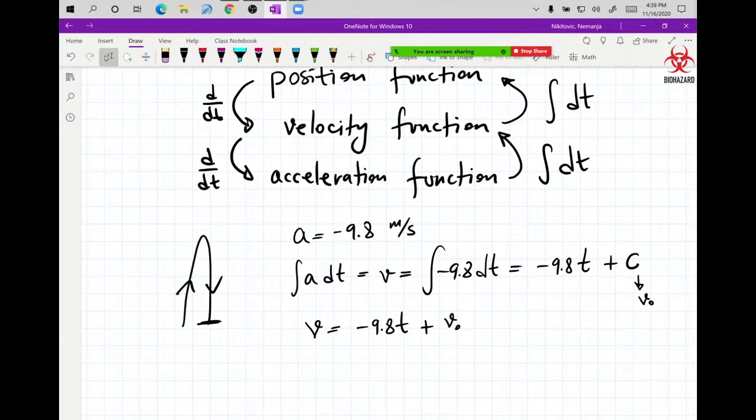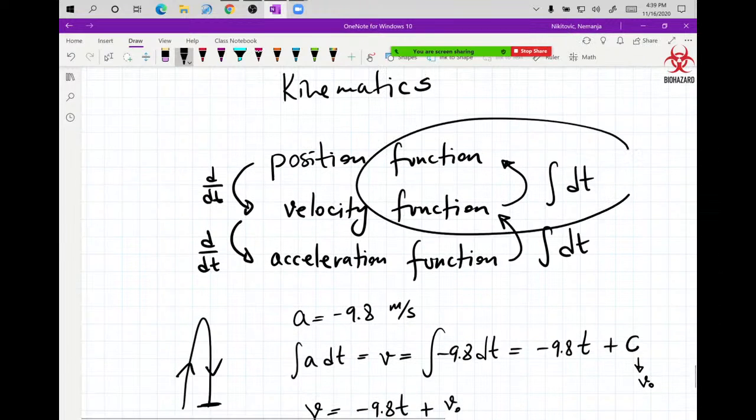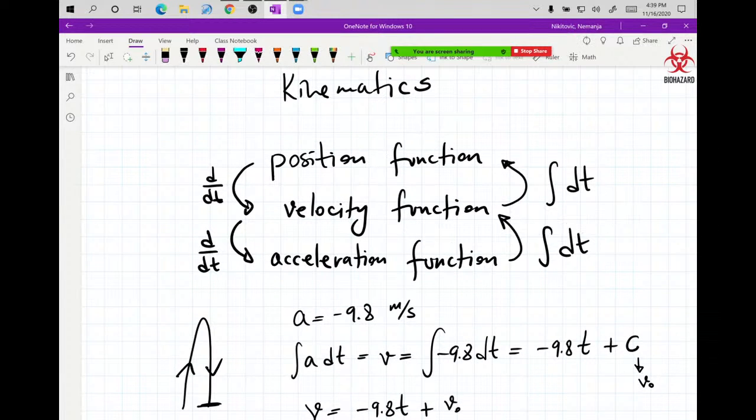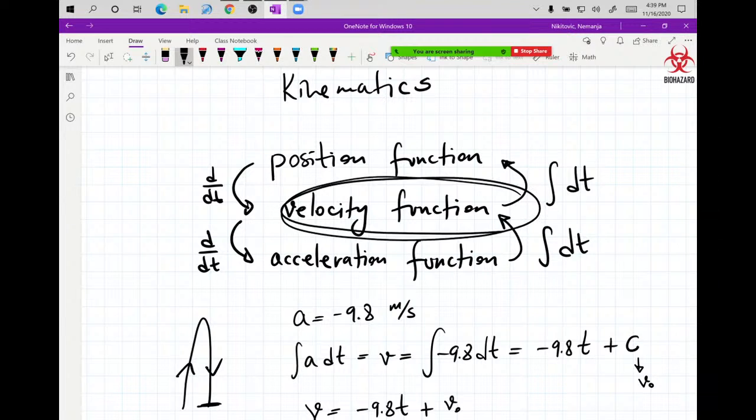And then I can integrate velocity to get position as a function of time, which is this part here. You see these arrows are coming from bottom to top, so when you integrate this one, you get the one on top.